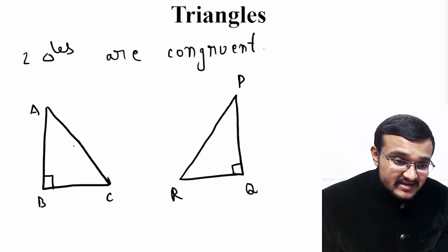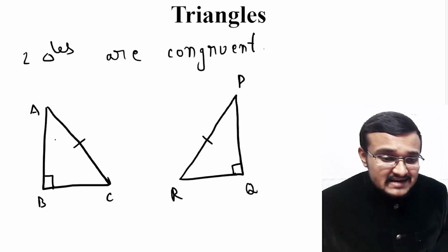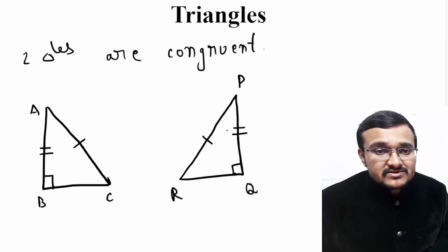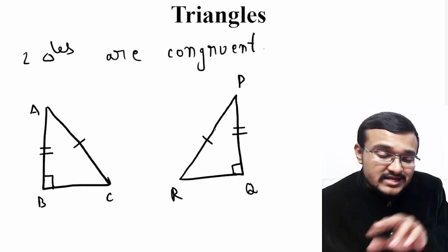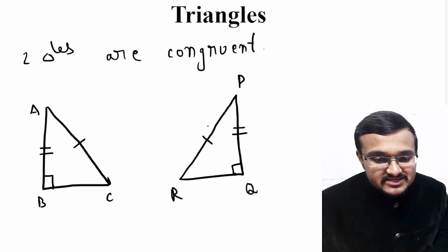Now if AC is equal to PR and any one side, let's take AB, so AB is equal to PQ, then these two triangles will become congruent to each other.